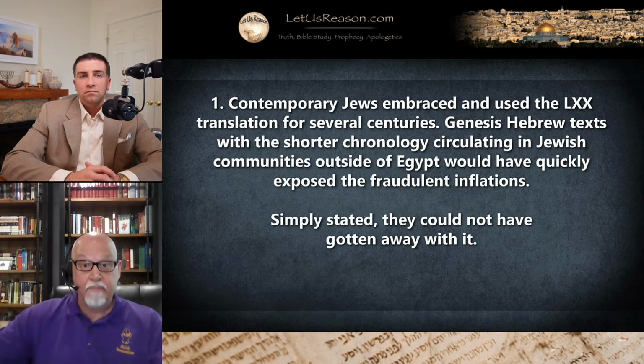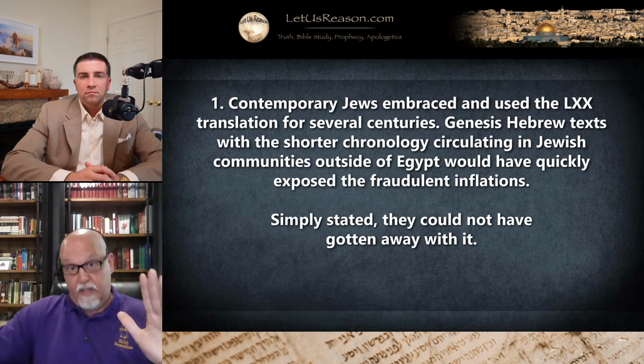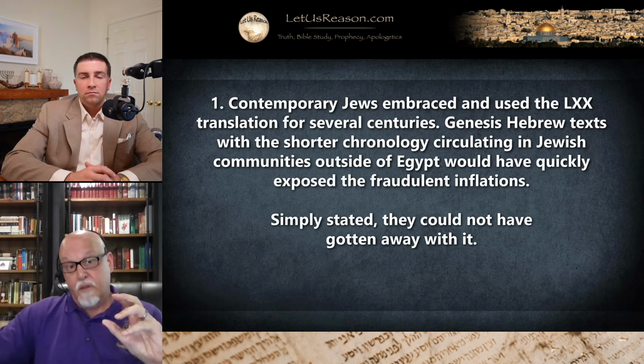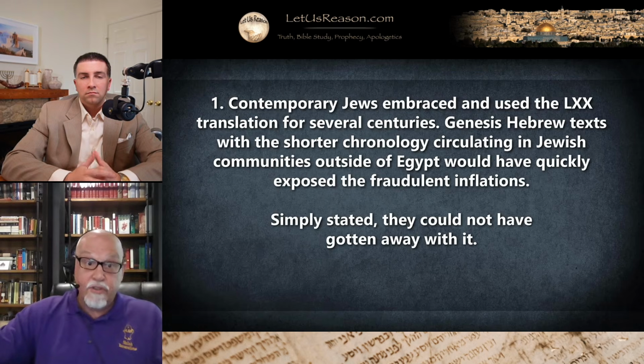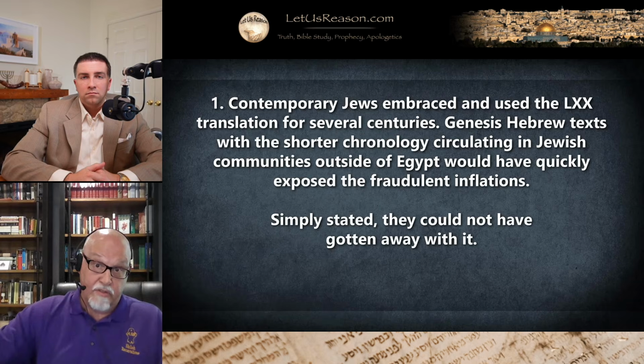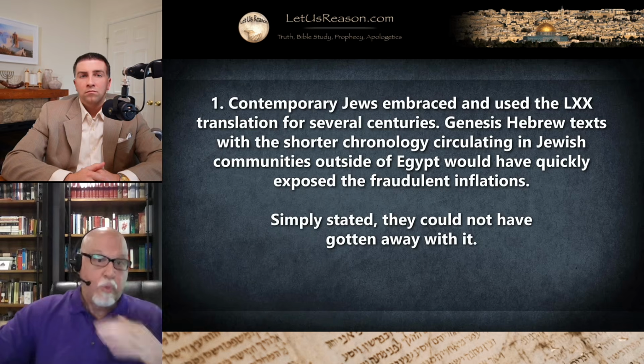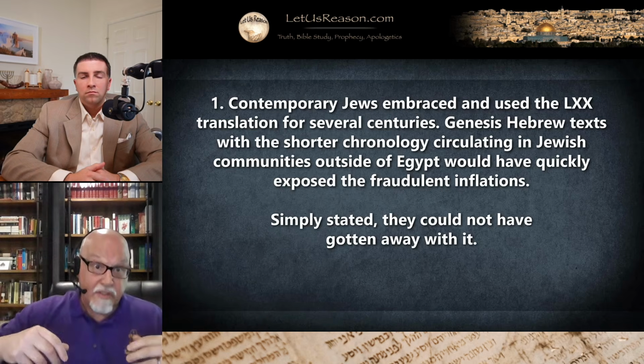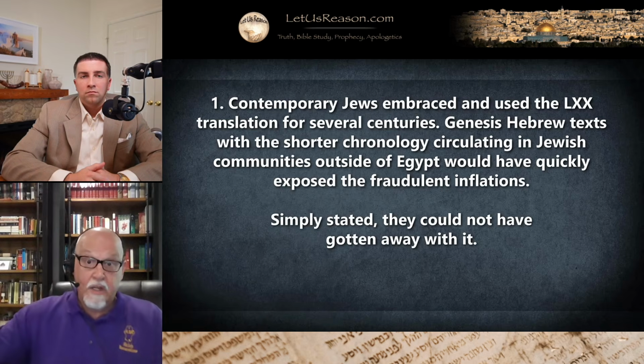There are a couple of things that make this argument not work. One is that the Jews used the Septuagint for several centuries after it was translated, and all of them, before the destruction of the temple, used the longer chronology. And there's no evidence that they had a problem with the longer chronology, which would have been circulating everywhere else if they had manipulated it.